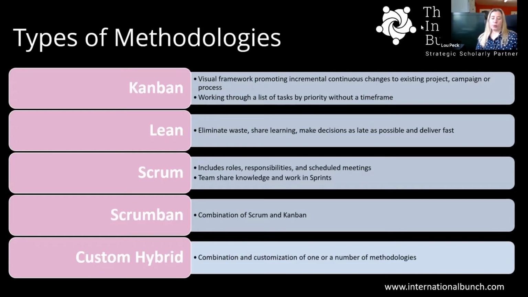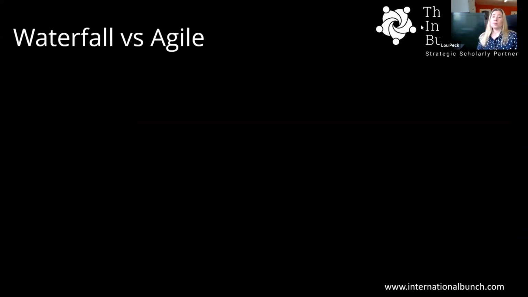Custom hybrid tends to be the way that I and my team work, and also those I've worked with who started with one of these ways of working but then made it a custom hybrid to what they want, because we're agile, right? It's about having a flexible mindset, adjusting to change quickly and easily, and just getting on with the most important thing to do next.